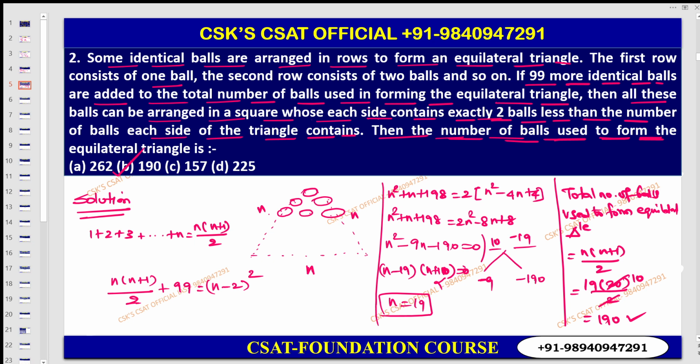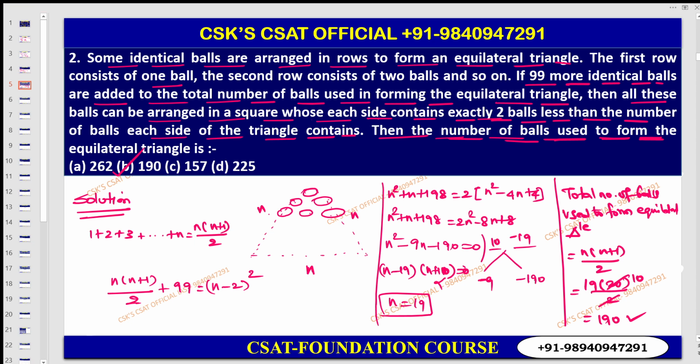Sir, the total number is equal to what? Summation of n is equal to n into n plus 1 by 2. Understood. Shall I move to the next?